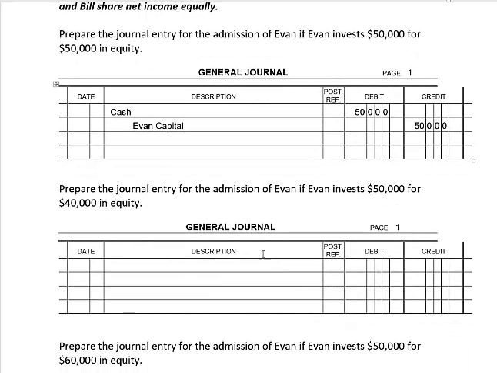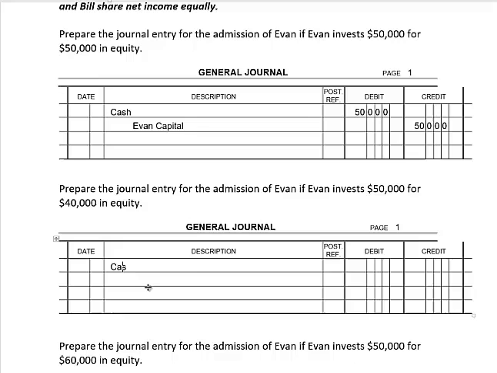In the next example, it says prepare the journal entry for the admission of Evan if Evan invests $50,000 for $40,000 in equity. Okay, this does happen sometimes. So Evan really wanted to get into this partnership, so he agreed to invest $50,000 just for $40,000 in equity.